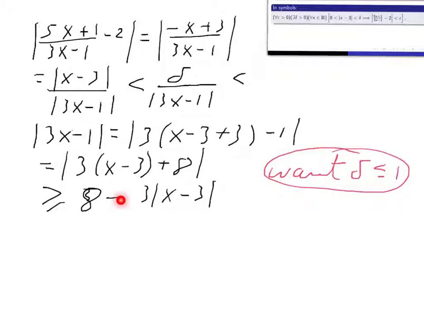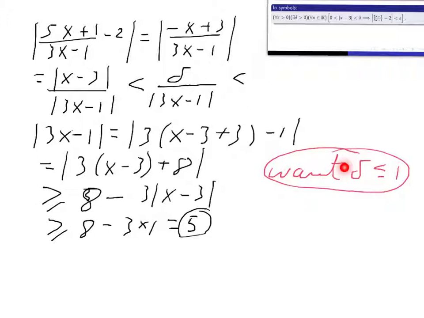So that would mean I could write this as being bigger than or equal to 8 minus 3 times 1, which is 5. So there you see I get my lower bound of 5 on this 3x minus 1, just with the assumption that delta is less than or equal to 1.